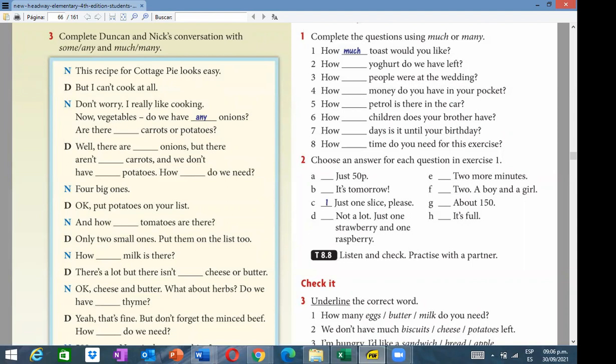Who can cook? Nick. Excellent. Yes. Okay, very good. Please complete. You have 2 minutes more. In 2 minutes, we are going to check together, okay?